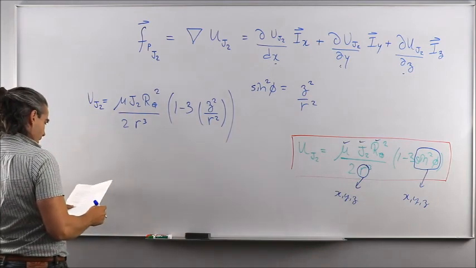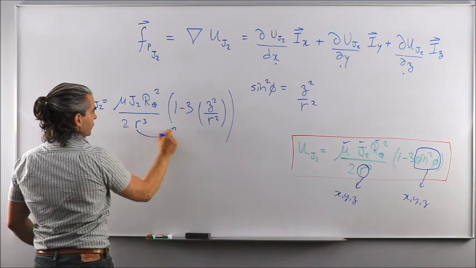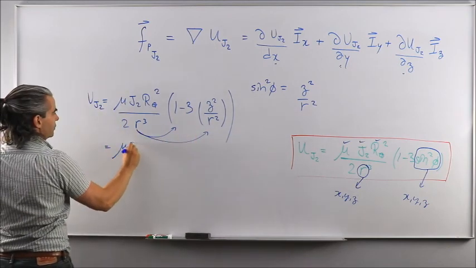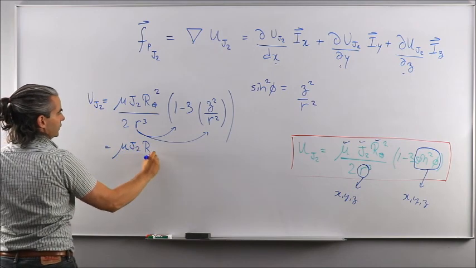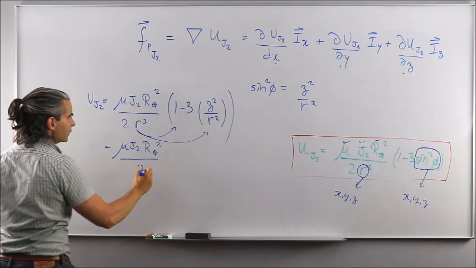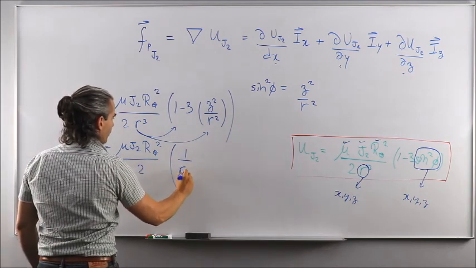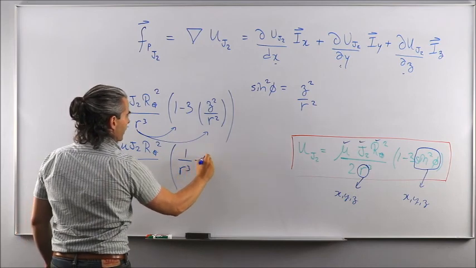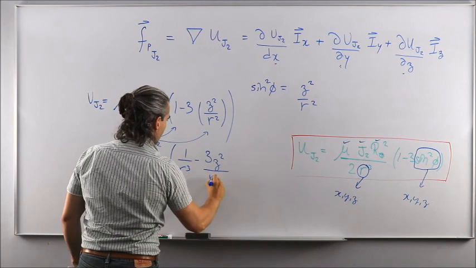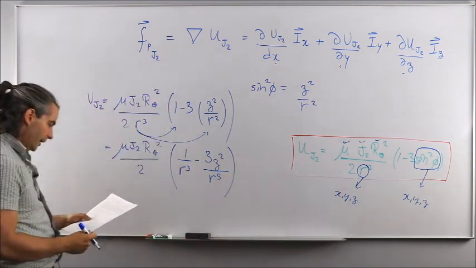And furthermore, I'm going to distribute my r square to both of these terms and write mu J2 equatorial radius of the Earth square over 2 times 1 over r cubed minus 3 z square over r to the power 5. Like that.